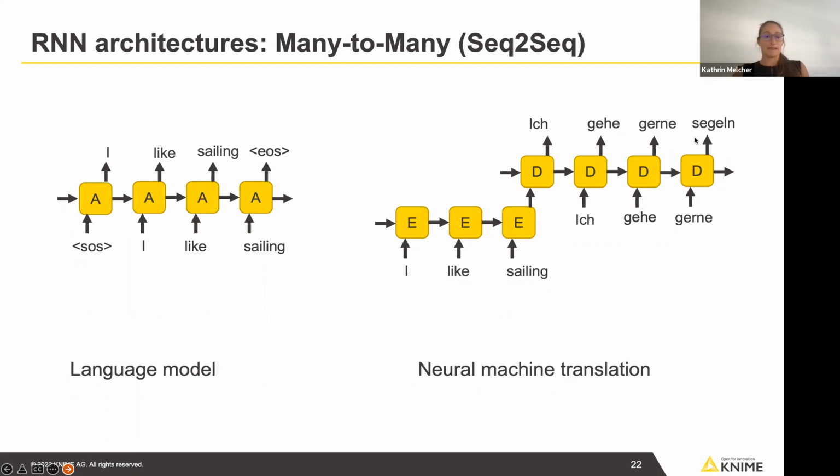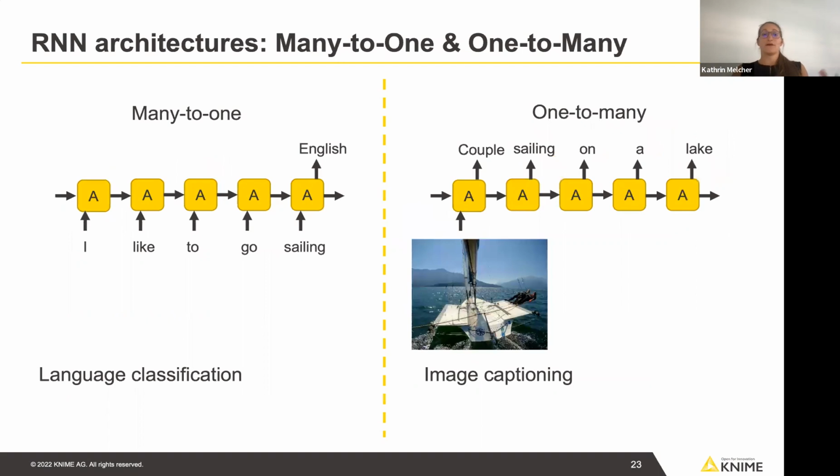which then starts creating the translated sentence. As I mentioned, sometimes we have also many-to-one or one-to-many during training. Many-to-one means we have an input sequence, but our output is not a sequence, but just one value. This is, for example, used in language classification or text classification in general, where a recurrent neural network is used to first process the whole sentence, and then we want to predict, is it English or is it German?